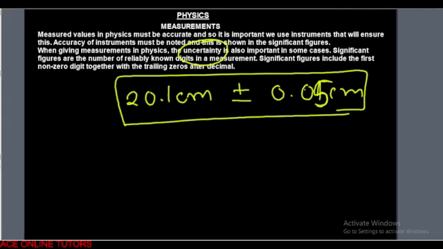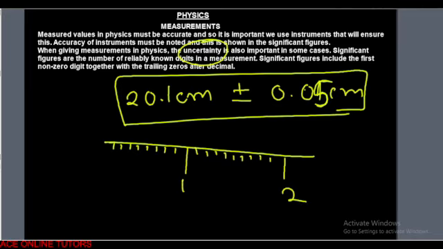Please don't make a mistake: that's only the case for a meter rule. The uncertainty is half of the smallest division. Let's say you have a scale like this, marked 1, 2, 3, 4, 5, 6, 7, 8, 9, 10. So this is 1 centimeter, 2 centimeters.